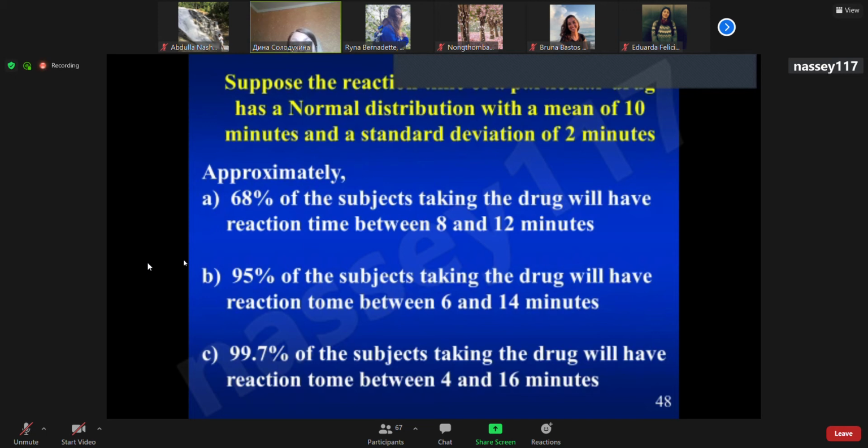We get 6 and we get 14. And finally, 99.7% of subjects who take the drug will have a reaction time between 4 and 16, which is within 3 deviations, and obviously it's a very large range.